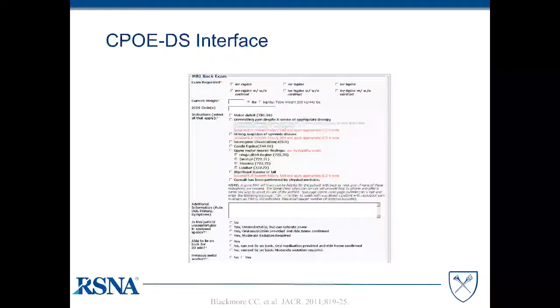The interfaces will all look different depending upon your EMR and what AUC system you use. Here's a screenshot of a proprietary one described in an article in the JCR some years back. All of these are similar in the following way. Referring physicians pull down a scenario, check some pertinent positives and negatives, and ultimately some sort of score about an imaging study's appropriateness is generated.